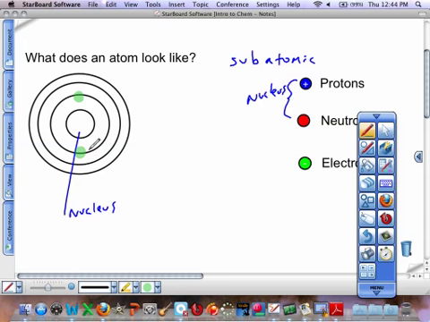Yeah, which one is it? It should be 8. So we have 8 electrons in the next layer. And now notice how I'm filling these in: 1, 2, 3, 4, 5, 6, 7, and 8. So we have 2 and then 8. How many do we have right now total? 10 electrons. Okay. And let's just throw another 2 electrons out here in our outer shell.